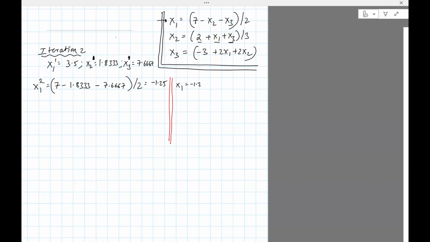So I'll update the values, negative 1.25. x2 is 1.8333. x3 is 7.6667.